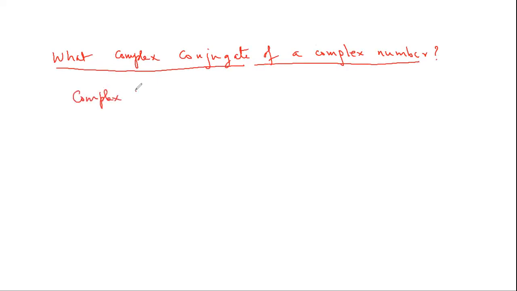The complex conjugate of a plus bi is a minus bi. The imaginary part sign should be reversed. If it is plus here, make it minus. Then we call it the complex conjugate.